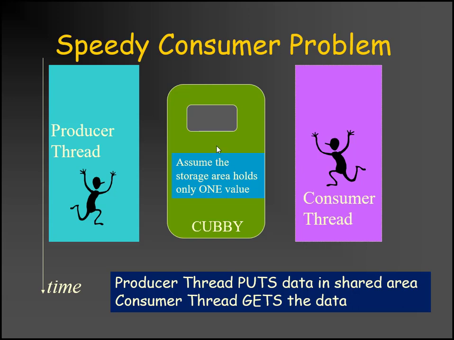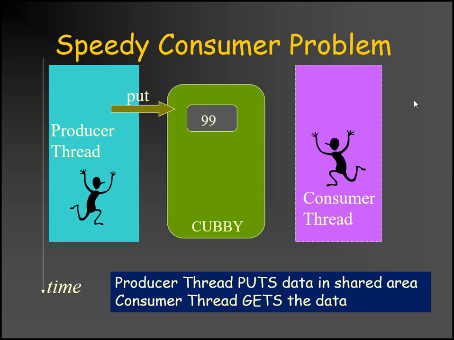Well, that's exactly what I'm trying to do. Well, the problem arises when the consumer thread runs faster than the producer thread. That is often the issue. So let's look at what may happen. The producer is going to put some data into the cubby, into the data area.